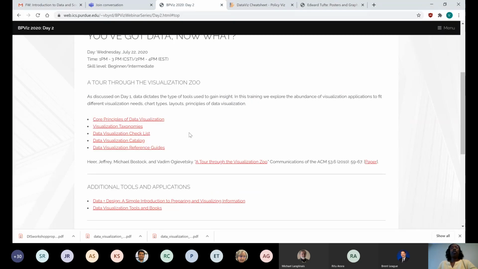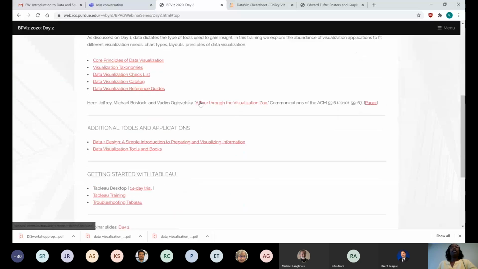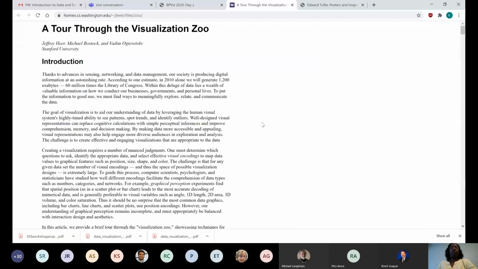So now I am back on day 2. There is a link that says a tour through the visualization zoo. There's also a detailed paper about this topic, which I thought was very nicely entitled.